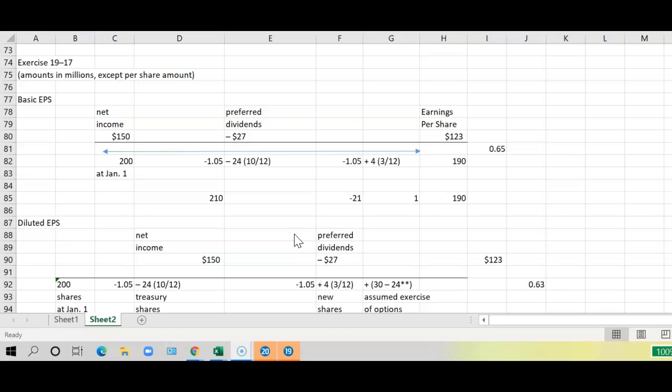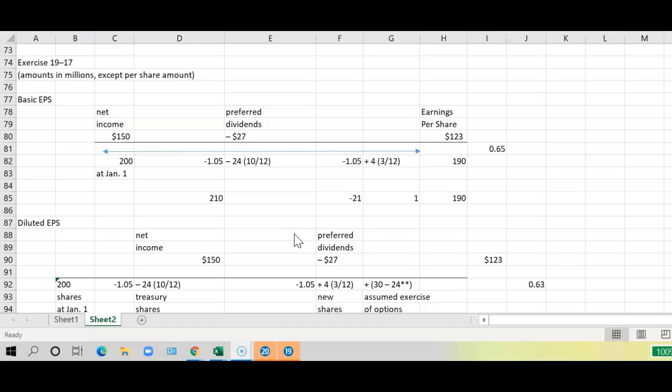On March 1st, Berklayer purchased 24 million shares of its common stock as treasury stock. Berklayer issued a 5% stock dividend. On July 1st, 2021, 4 million treasury stocks were sold on October 1st, and net income was $150 million.